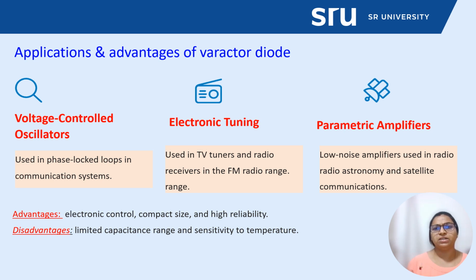It is also used in various frequency multipliers. Varactor diodes are also used in parametric amplifiers, like low noise amplifiers, in radio astronomy, and also in satellite communications.